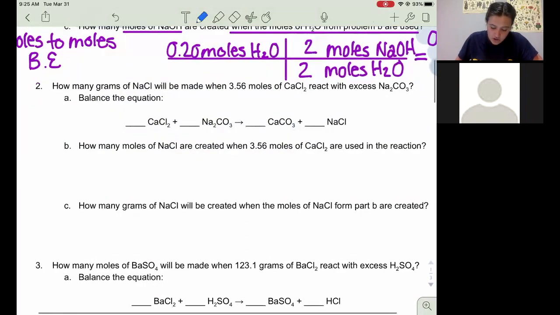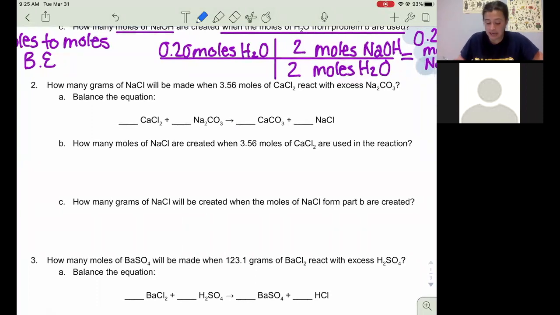My full problem up top is: how many grams of sodium chloride will be made from 3.65 moles of calcium chloride? So this is obviously not just a one-stepper anymore, because we're not going from grams of sodium chloride to moles of sodium chloride, and we're not going from just moles to moles.